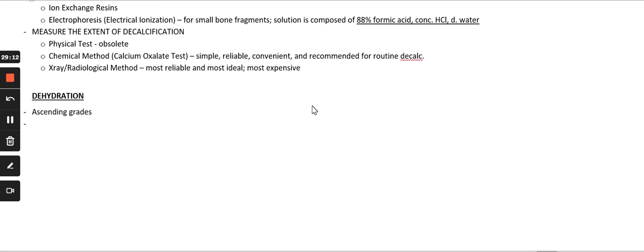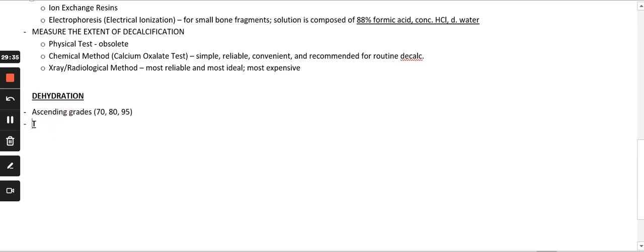Again, rehydration is descending. So ascending grades, we have 70, 80, and then 95. Descending is 95, 80, 70.